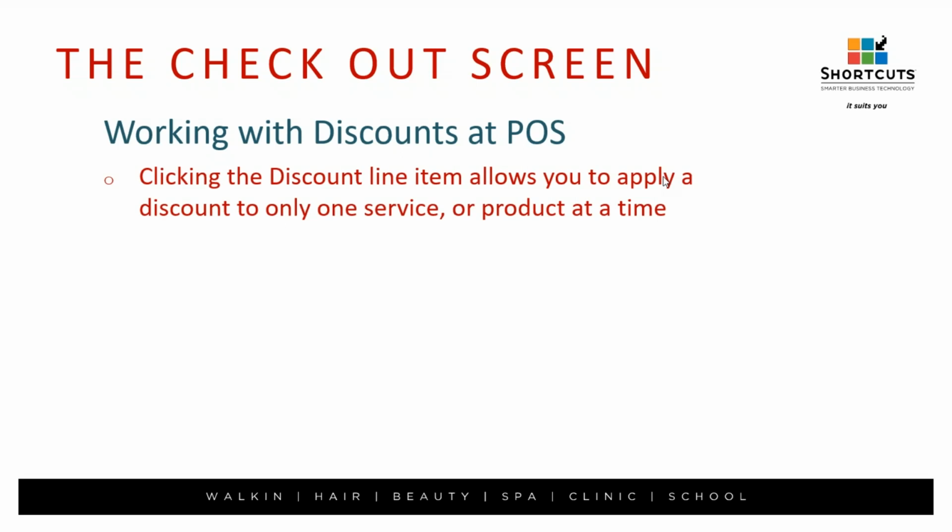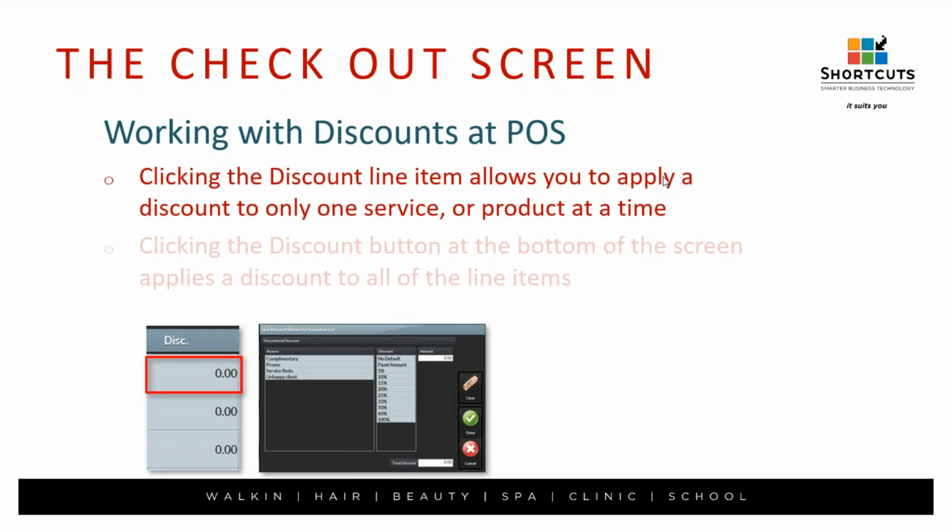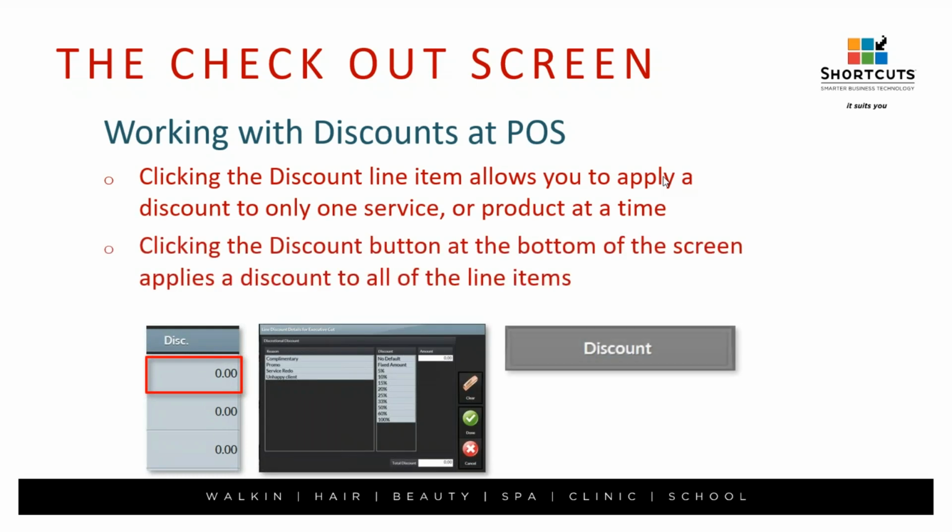So when you're working with discounts, you'll actually notice Shortcuts has 2 different discount columns. There's a discount column and a discount button. They actually have 2 different purposes.